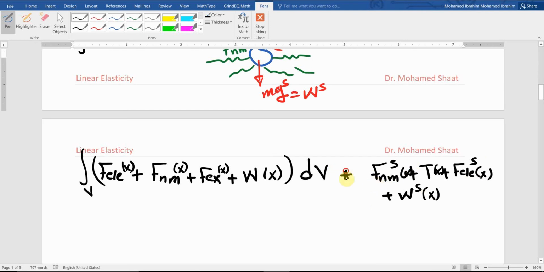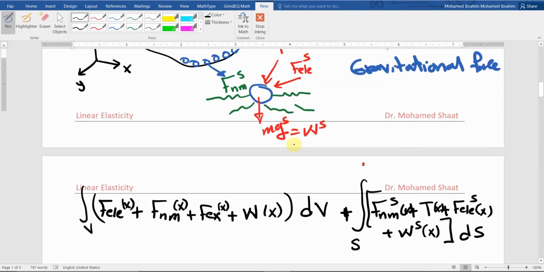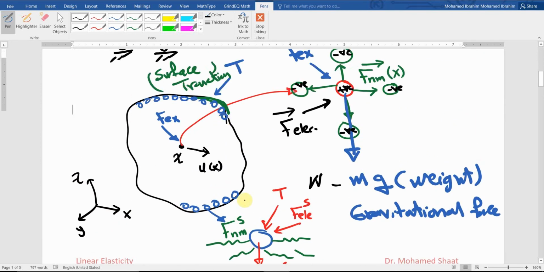To collect them, we have to integrate, but integrate over the surface. Here we cannot integrate over the volume. Why don't we integrate over the volume? Because these particles are located over the surface. So to collect all of these forces, you have to integrate over the surface, not over the volume. A surface integral is like summing over an area; a surface is an area, not a volume.